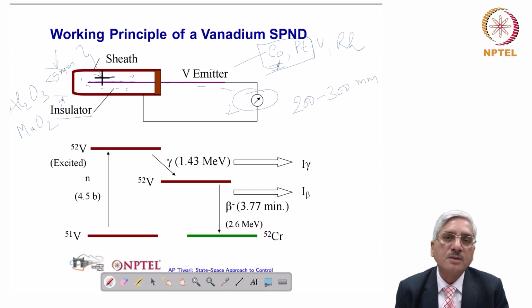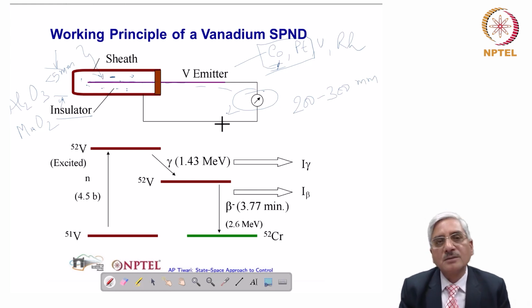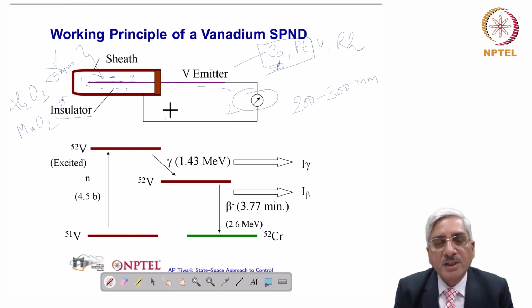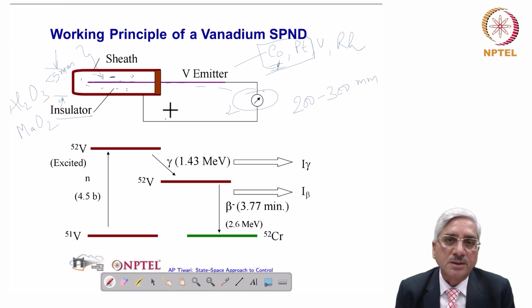Based upon those three phenomena: photoelectric effect, Compton effect and pair production. And this is why it is called self-powered, because it doesn't require any power. These electrons cause a small voltage difference, and so a current will flow in the circuit.